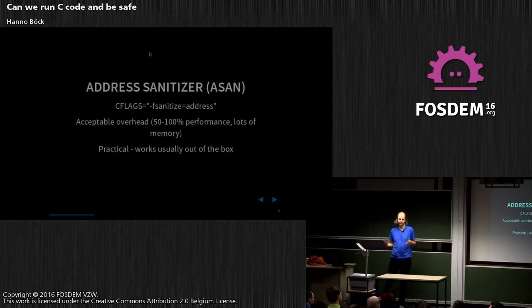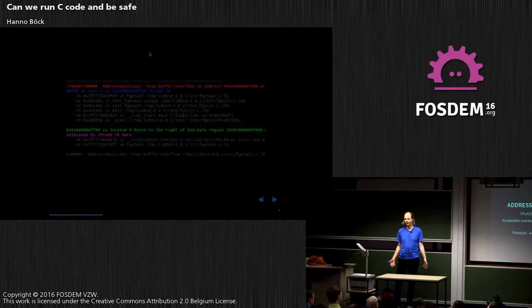This is not something which was originally supposed to be run for production use, but to test your software. And the nice thing is it actually works. It's not like a tool where it's nice, but if you try to compile a real application, then it will break. Most applications, you can compile with it and you can run with it.